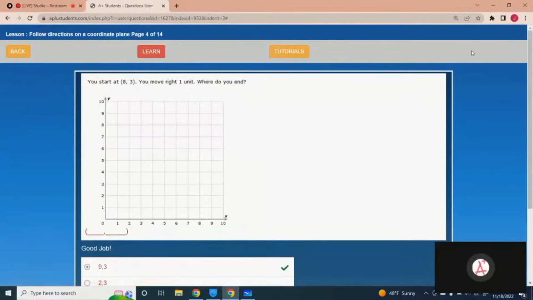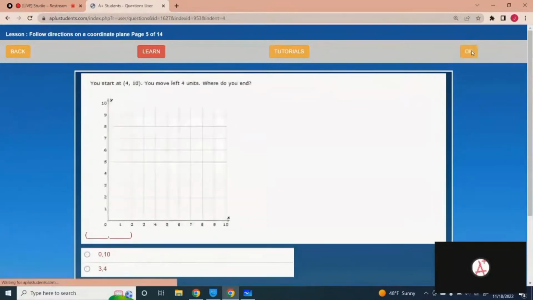Okay, the next one is you started at 4, 10. You moved left 4 units. Where did you end? Left 4 units. That means you have to... So which is the correct option? Option 1 or option 2?